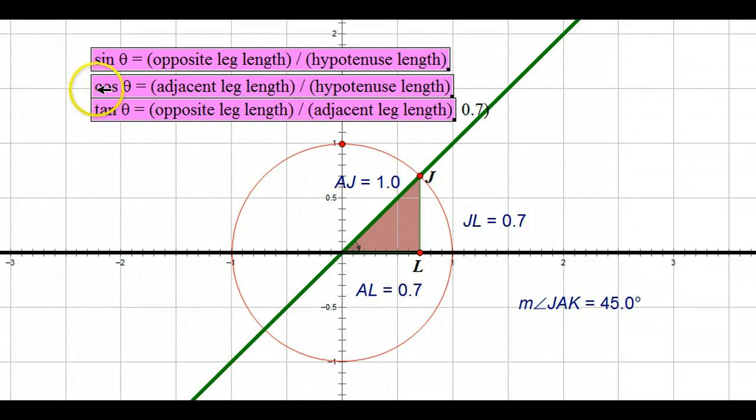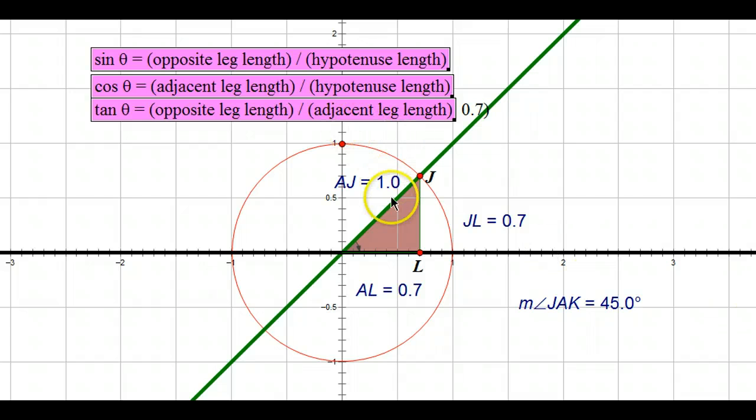The sine of an angle is the ratio of the opposite leg length divided by the hypotenuse. The cosine ratio is the adjacent leg length divided by the hypotenuse length. And the tangent ratio is the opposite leg length divided by the adjacent leg length.